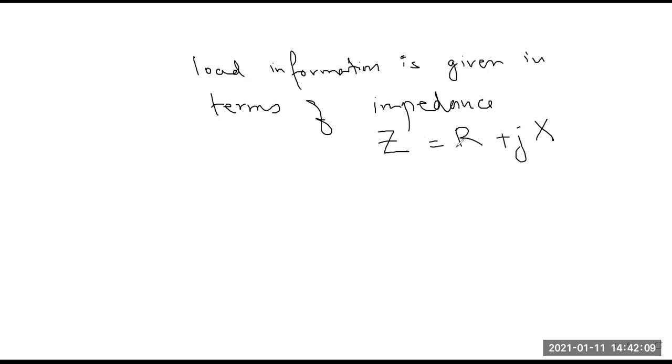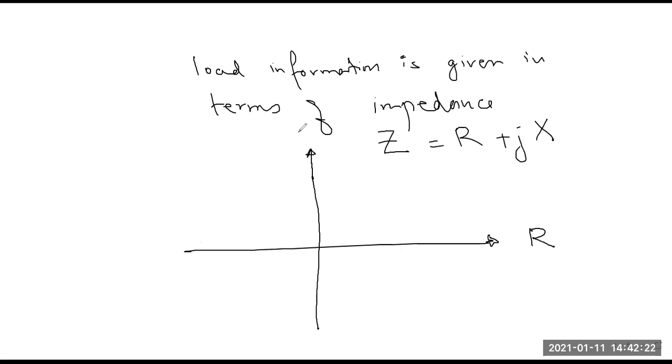Now, if I want to represent this information on a graph, this horizontal line will be representing the real part and this vertical line will be representing the imaginary part. Now, for all passive loads, we know that the value of R can never be negative. It will always be positive.